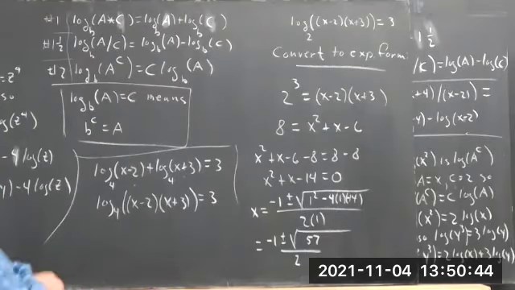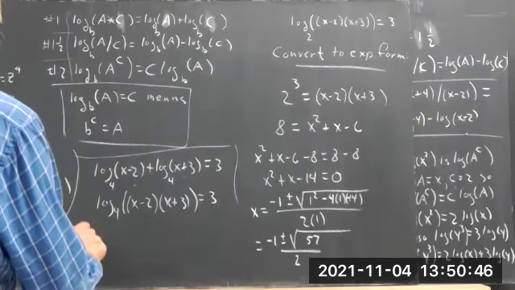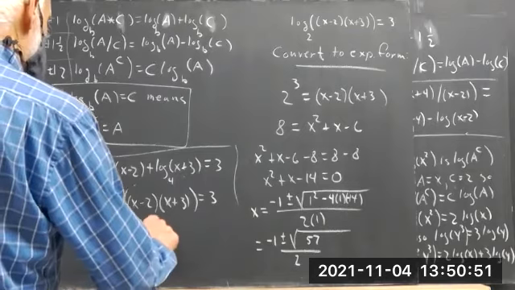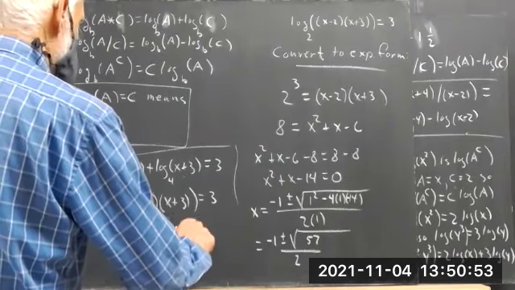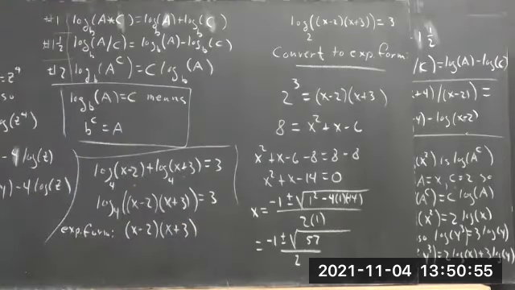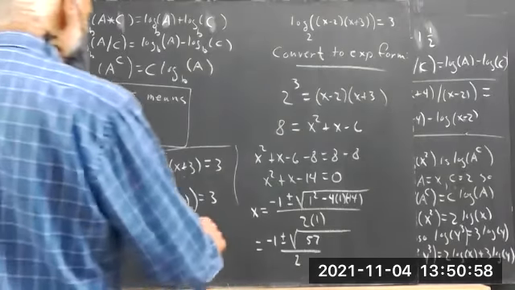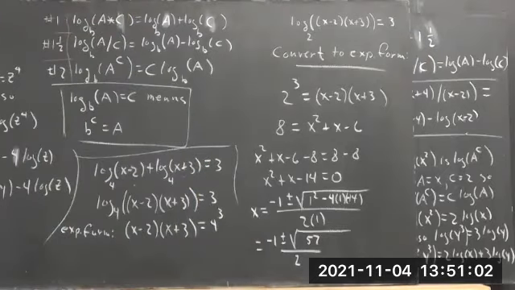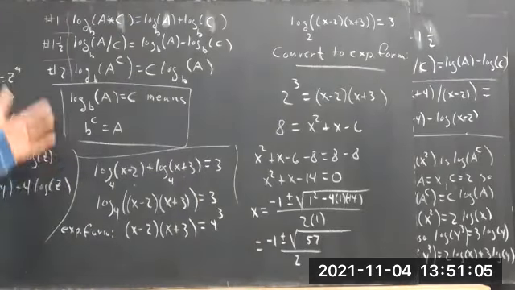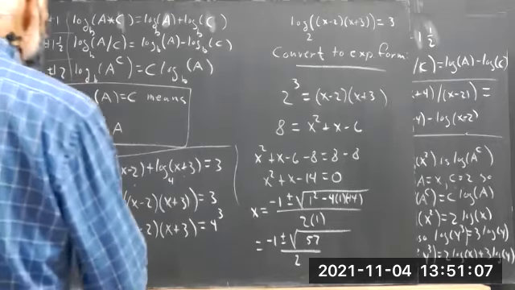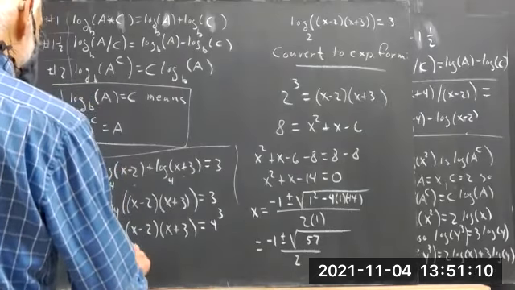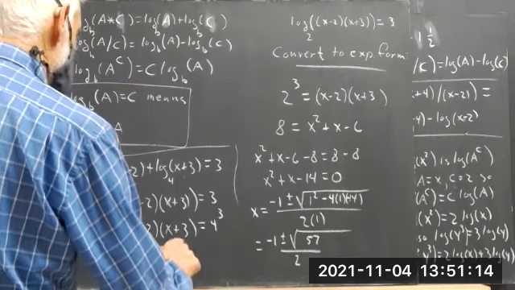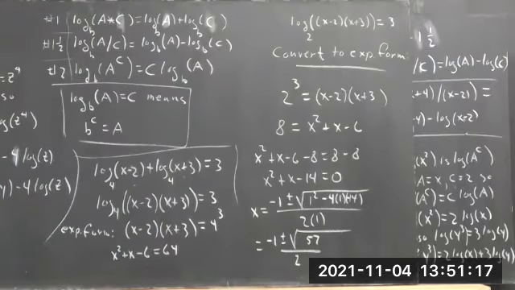But this is now convert to exponential form. x minus 2 times x plus 3 equals 4 to the third. Again, I'm using this rule. So that means that x squared plus x minus 6 equals 64.